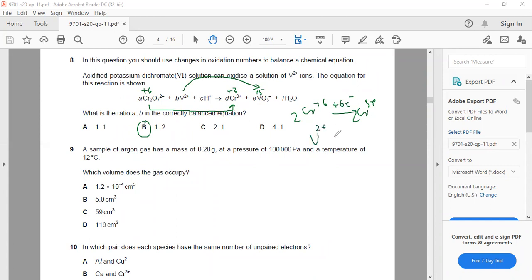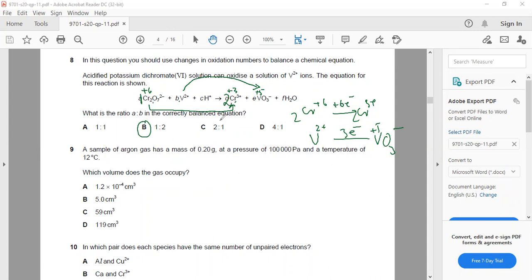Vanadium from 2+ to VO3- means +5, it means 3 electrons gained. Okay, so which is why it's 1 is to 2 ratio, because one dichromate when converted into chromium 3 should be 2 chromium.